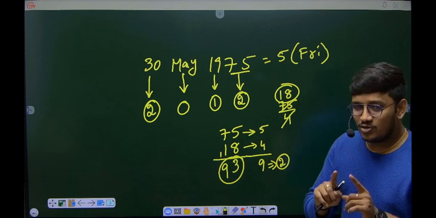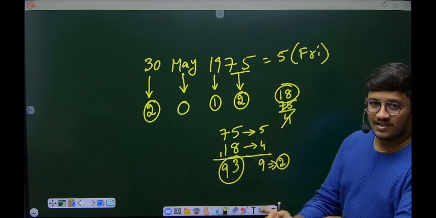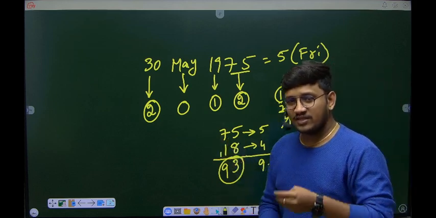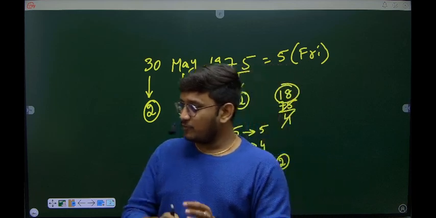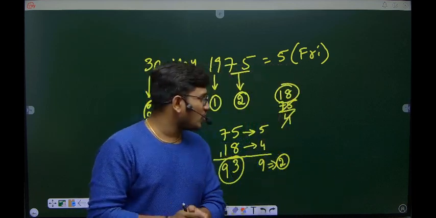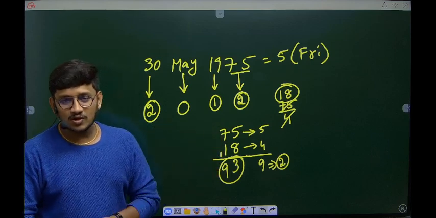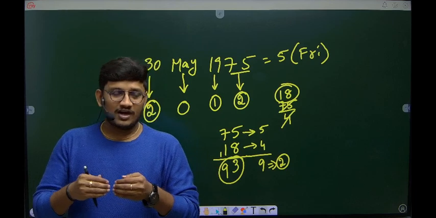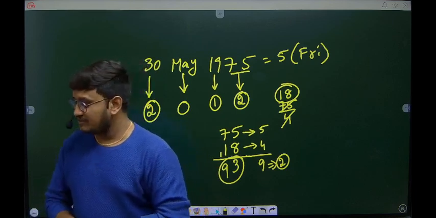Okay, guys, are you clear about the process? Even in the 1900 series, whichever year you take, the same procedure. Can you please confirm in the chat box whether you all are clear with this process of calculating date of birth? If you want, I will explain one more question as well.